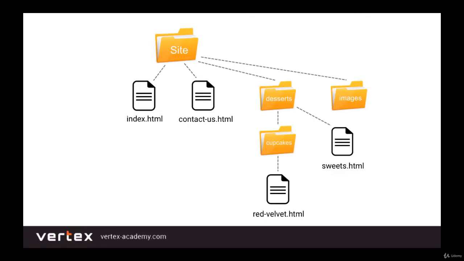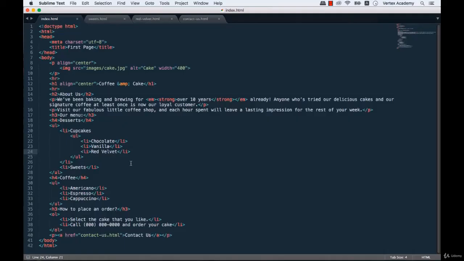Alright, so now for the new files that we created, we're going to add the links that take us back to the home page, right? But first, we'll start by adding the links from the home page to these pages. So here, in our index.html file, where we have the list, we need to make these list items into links.